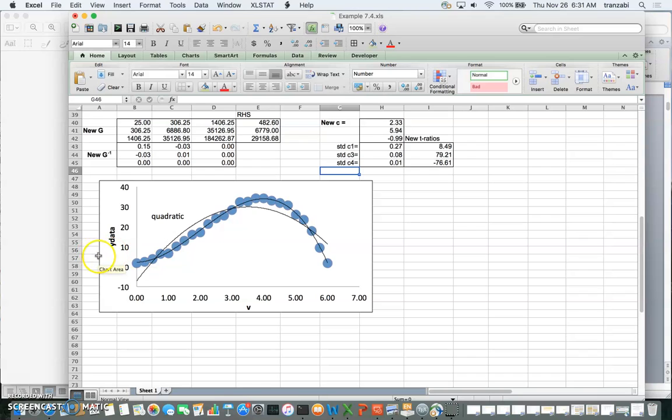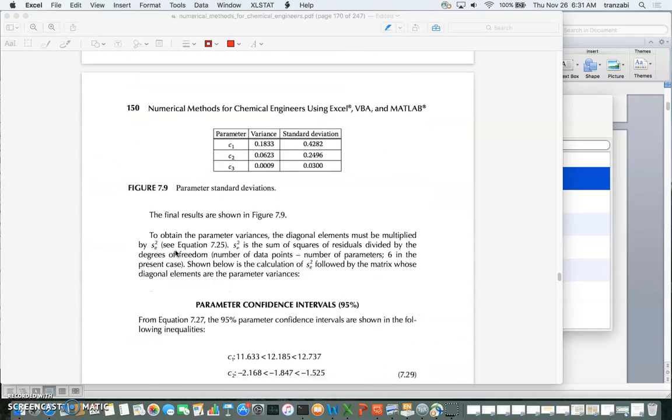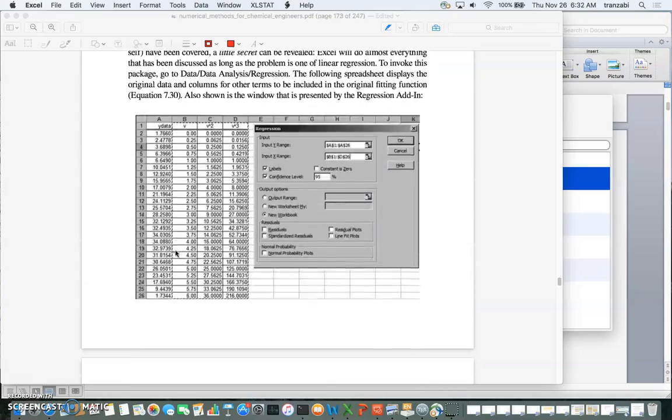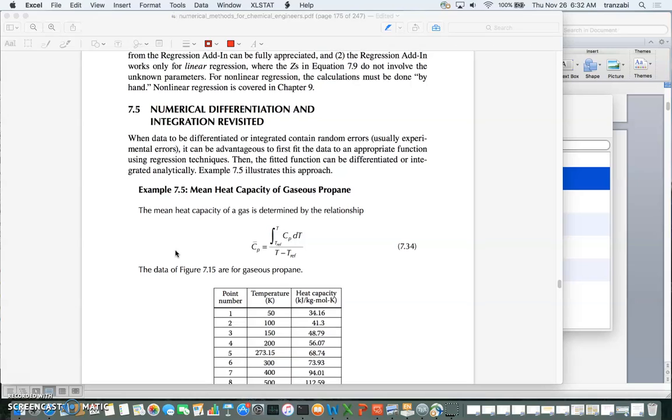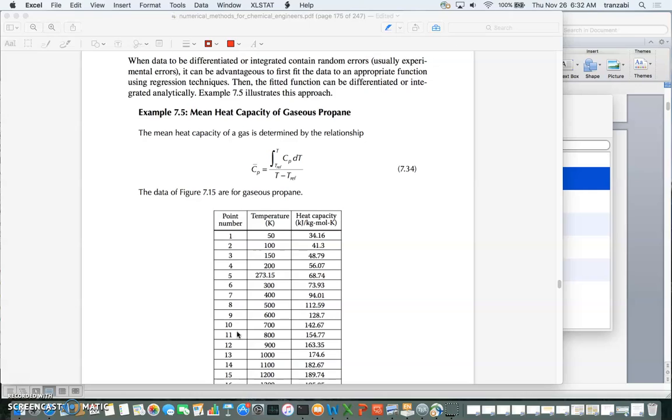In the last example for this chapter, we're going to look at the integration that we, I think, looked at before. So that's example 7.5 in this chapter. Before, we looked at the mean heat capacity of gaseous propane. If you remember, we had this table in the integration section, and we talked about how we can do the fitting.